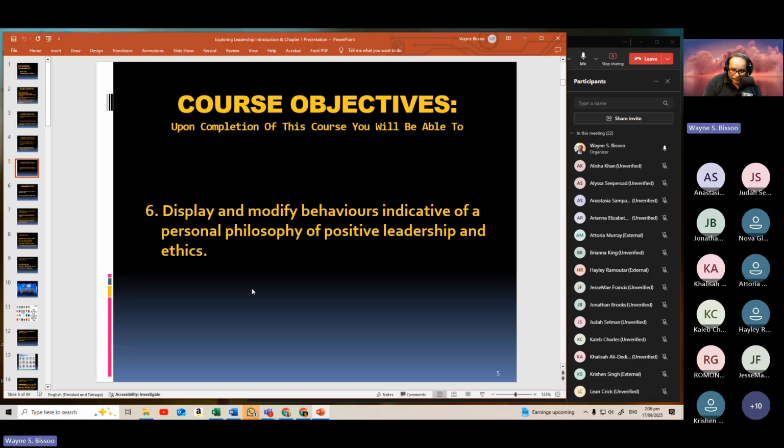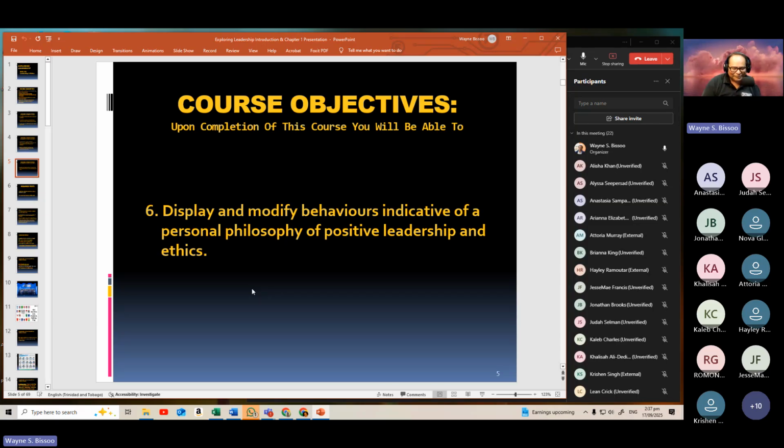The reason I'm talking about this is because this course has a very lofty ideal, saying that you will display behavior modifications indicative of a personal philosophy of positive leadership and positive ethical values. So we're making a huge leap here, saying that one of its objectives is to get you to change your personal behavior.